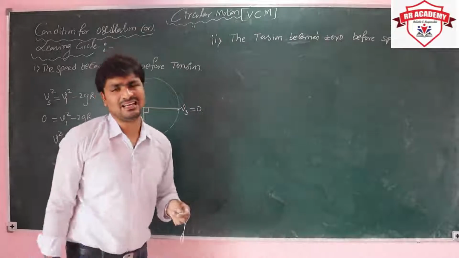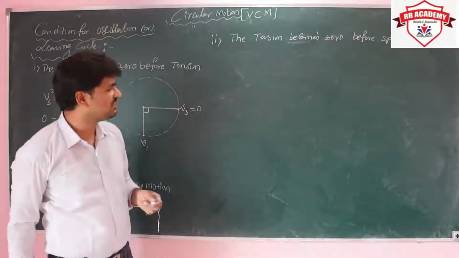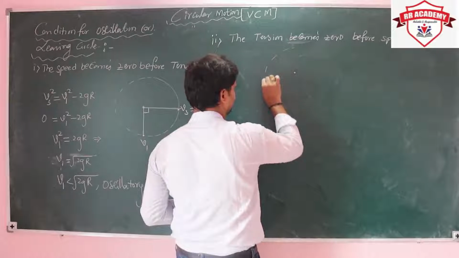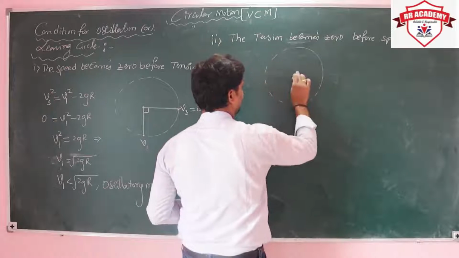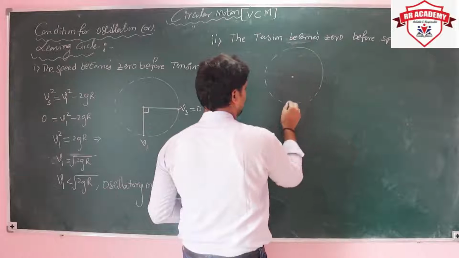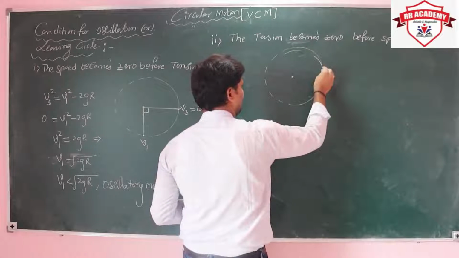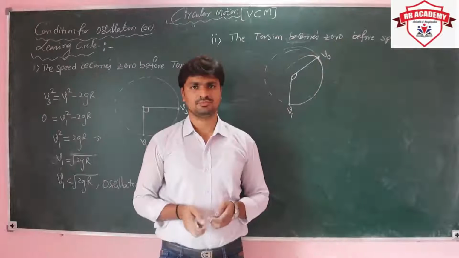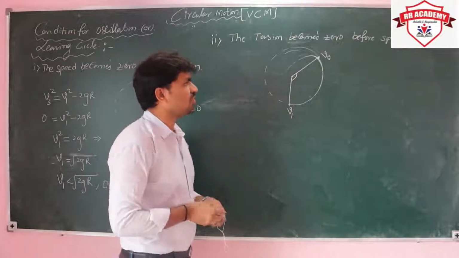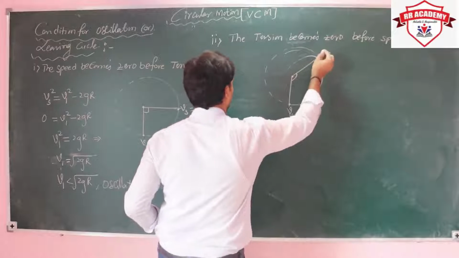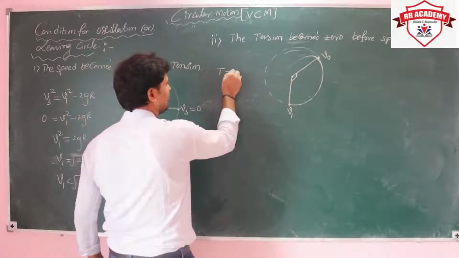So the particle is rising more than the horizontal position. This is the vertical circle. If you imagine the motion of the particle going like this, then it may leave the contact here, and then the tension becomes 0 before speed.